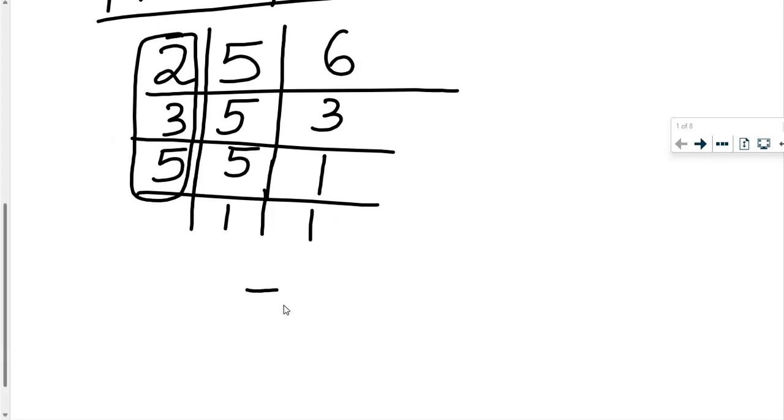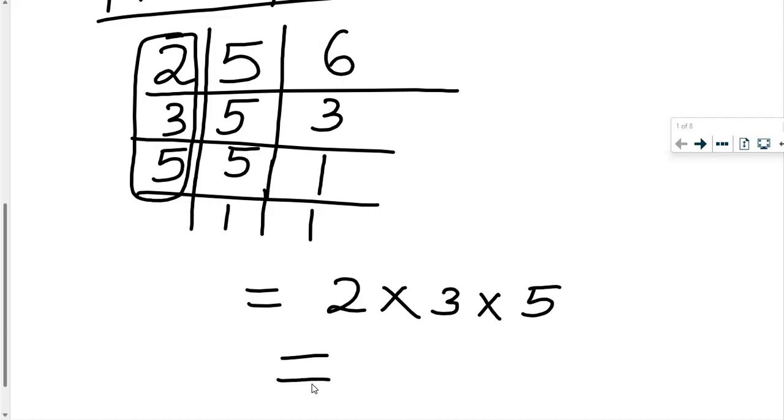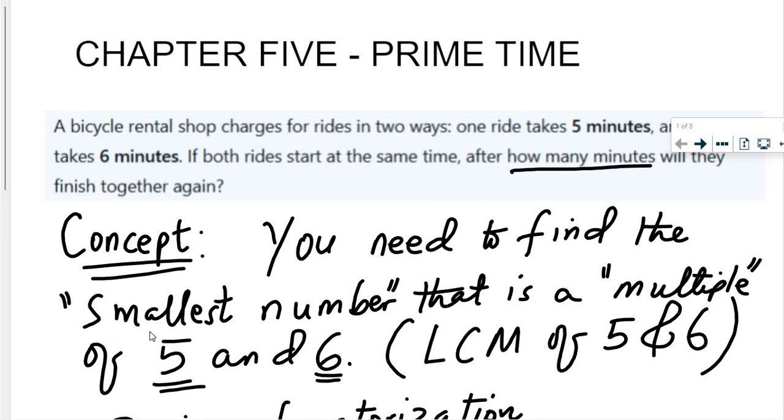The moment we multiply these numbers, 2, 3, 5, the answer you get will be the smallest number that is a multiple of both 5 and 6.